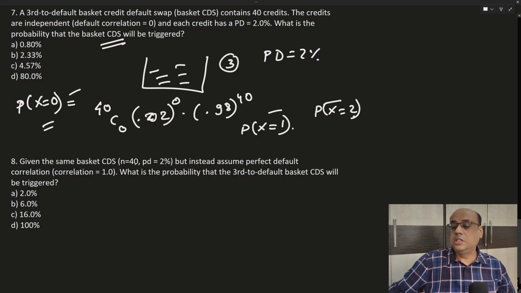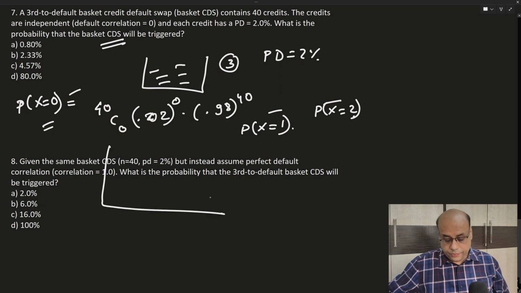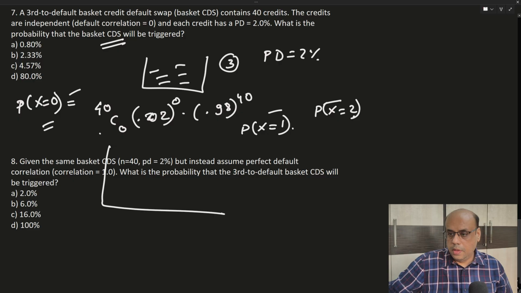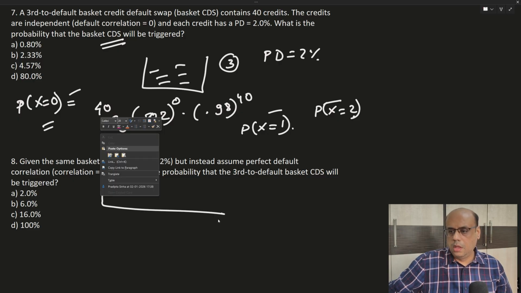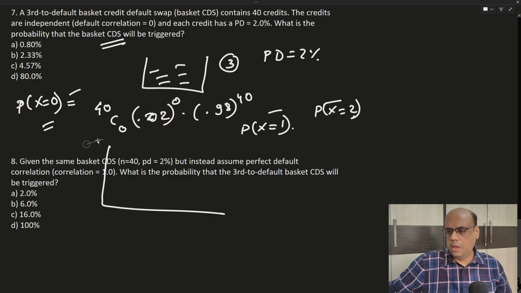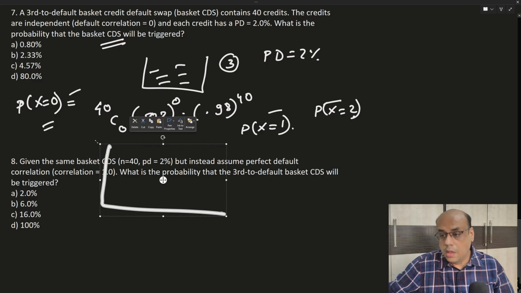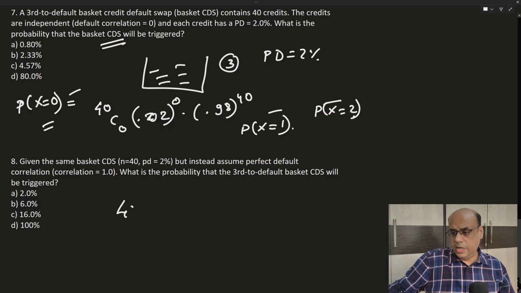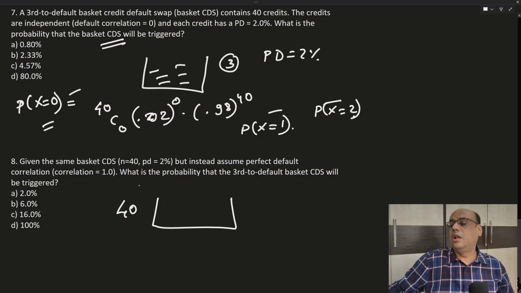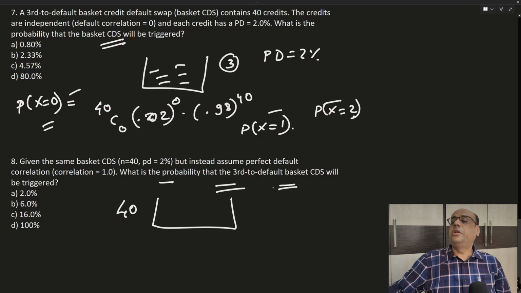If there is a perfect default correlation, and there are 40 companies in this basket, if they are perfectly correlated, then either everybody will default or nobody will default. So what is the probability that the third to default basket CDS will be triggered?